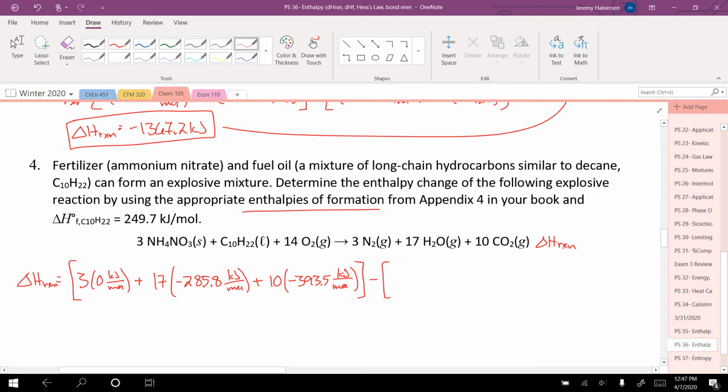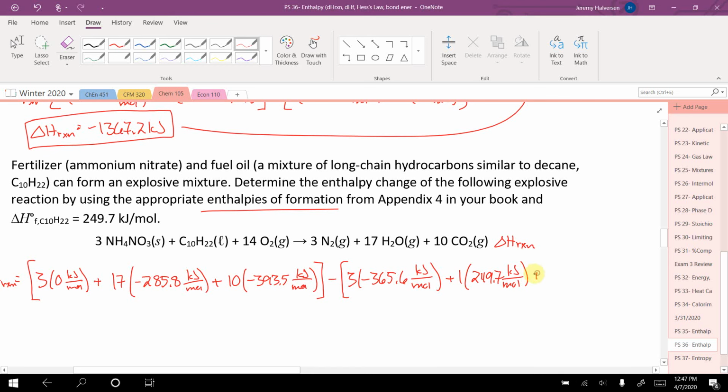So I need the value for NH4NO3, which, if you look up, you will get, got 3 of them, negative 365.6 is what I got. My other reactant is C10H22, which they give me is 249.7. Plus my 14 oxygens, which will be 0 kilojoules per mole because they're a pure element in its standard state.